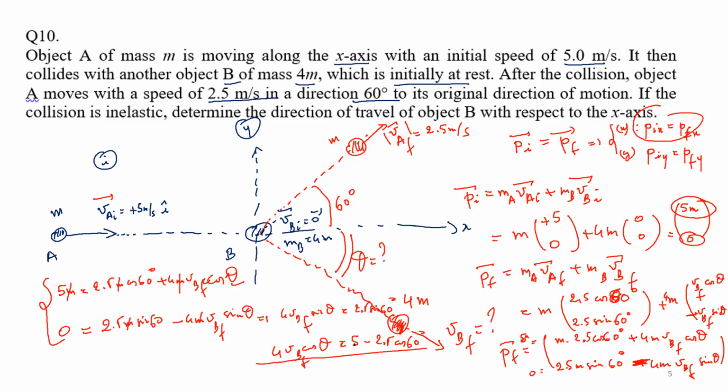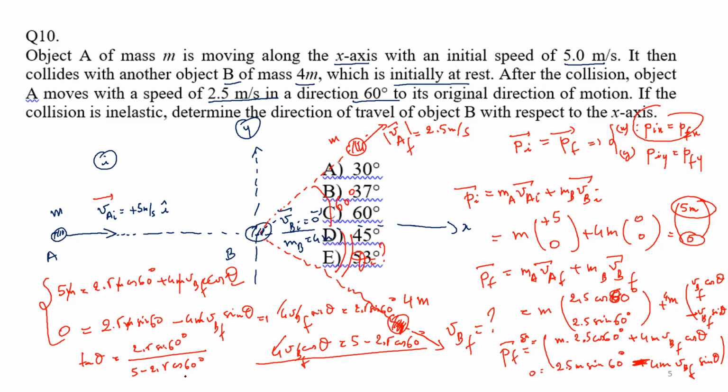I will take the ratio. If I take the ratio, this 4 will go away, this VB final will go away. I will have just tangent theta is equal to 2.5 sine 60 degree divided by 5 minus 2.5 cosine 60 degree. So I take my calculator. That means theta should be equal to, how much did you get? 30 degree, right? Yes.